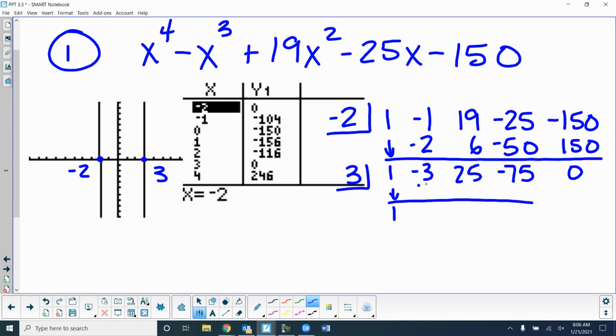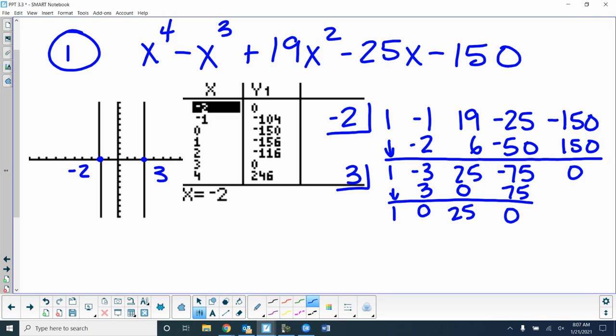3 times 1 is 3. I get 0. 3 times 0 is 0. I get 25. And 3 times 25 is 75. I got my 0. Okay? So about half the time, you'll get a 0 here.